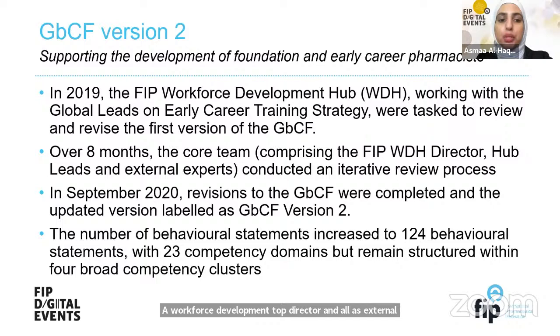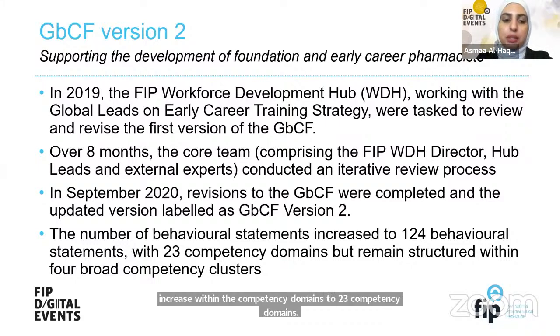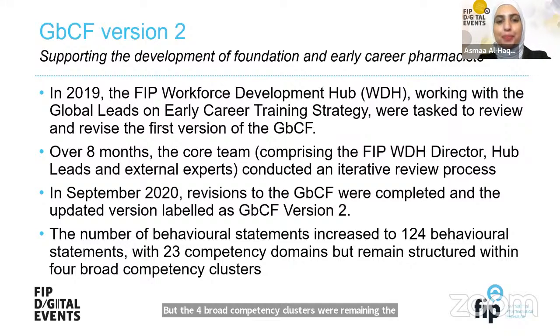In September 2020, the revisions to the GbCF were completed, and the version was labeled as GbCF version 2. There was an increase in the number of behavioral statements to 124, and also an increase in the competency domains to 23, but the 4 broad competency clusters remained the same.